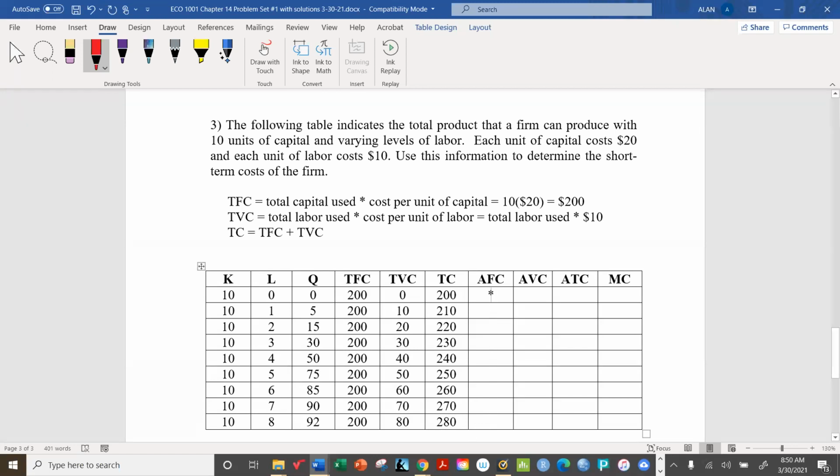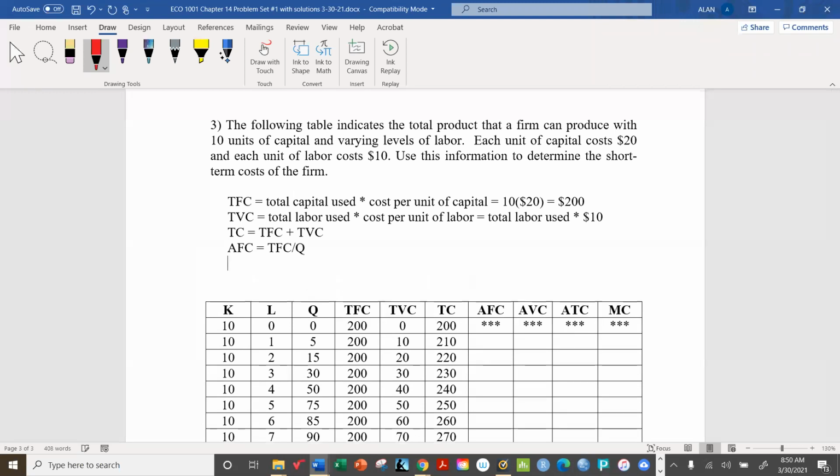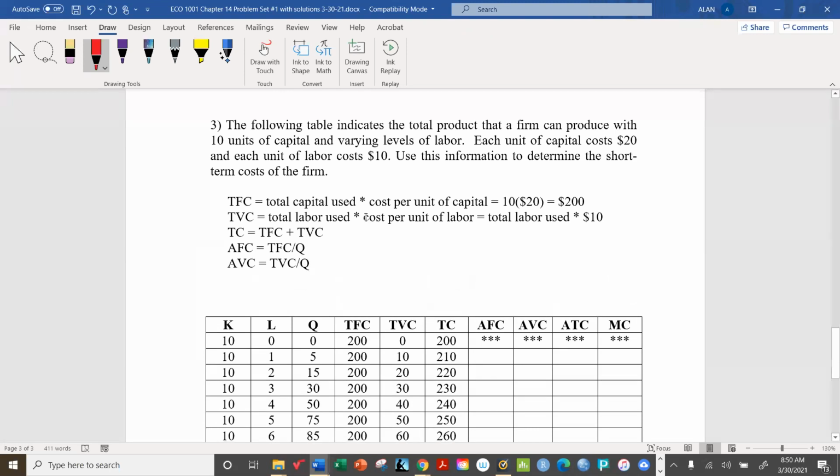Now the first row of averages and marginals, these are all undefined. So as you know, the average is just total fixed costs over Q. All three averages are done the same way. You take the corresponding total and divide by Q, except for the last one, ATC, which could be calculated simply as AFC plus AVC. If you feel that it's easier to do it that way, that's fine.